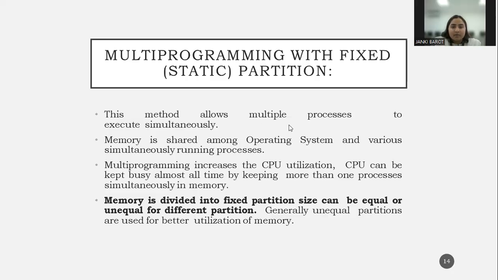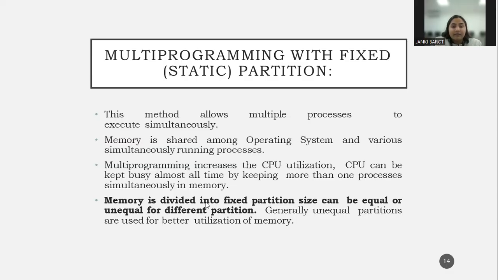This method allows multiple processes to execute simultaneously. Memory is shared among the operating system and the various simultaneously running processes. Multiprogramming increases CPU utilization. The CPU can be kept busy almost all the time by keeping more than one process simultaneously in memory.